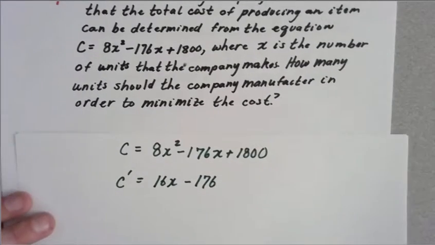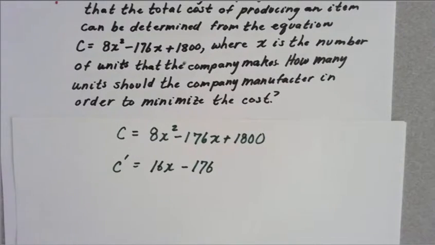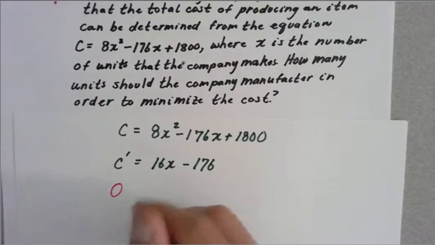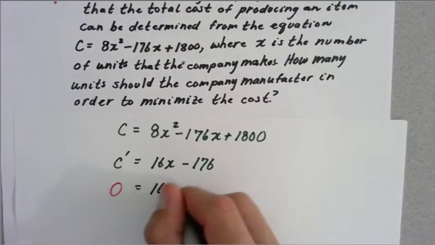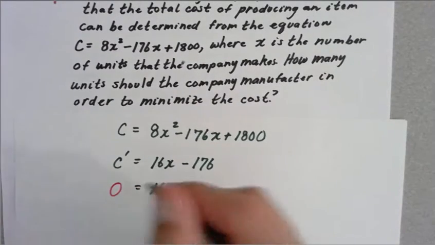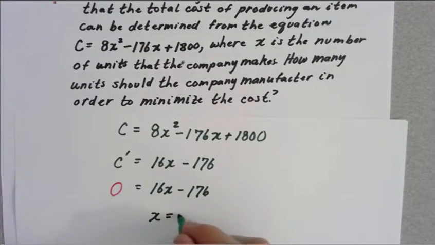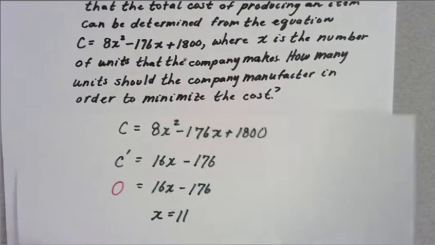If I want to find the critical value, I set C prime equal to 0 and solve this linear equation. If I add 176 to both sides, I get x is equal to 11. So that's my critical value.